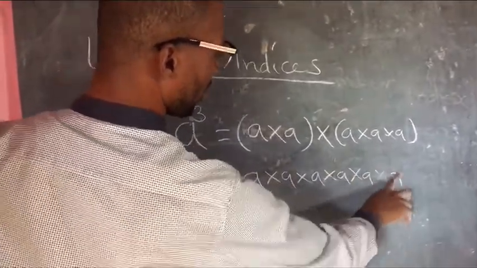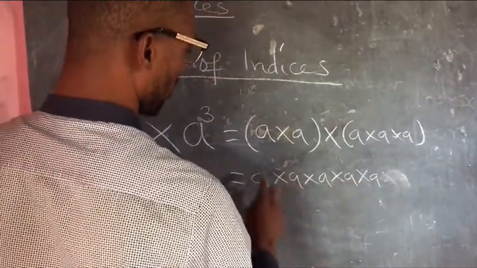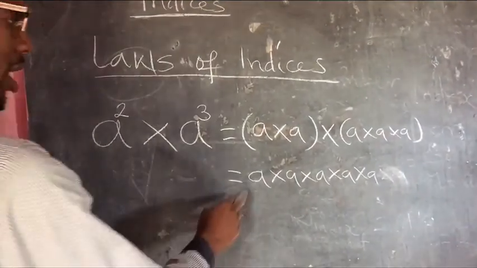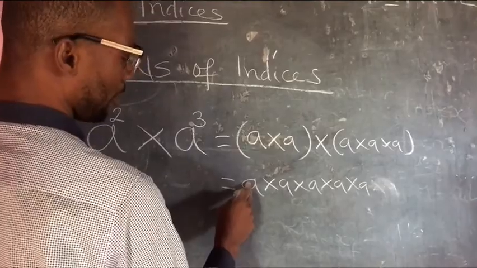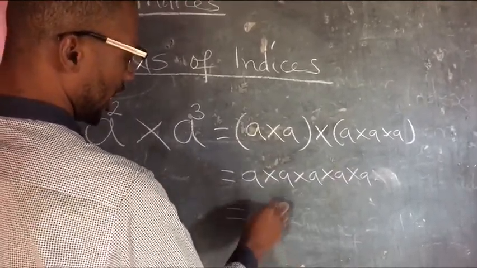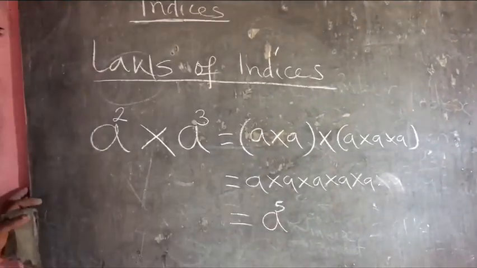Then I count how many a's I get: 1, 2, 3, 4, 5. So I will just say a raised to power 5. That's simple algebra.